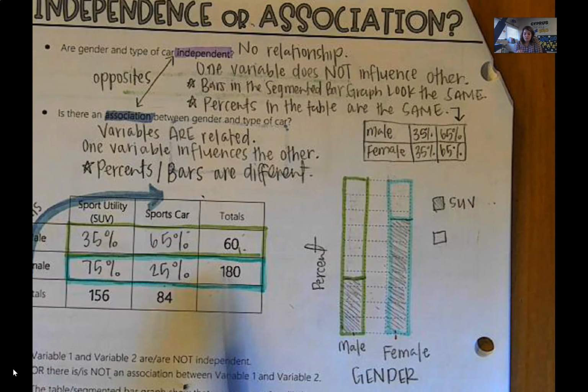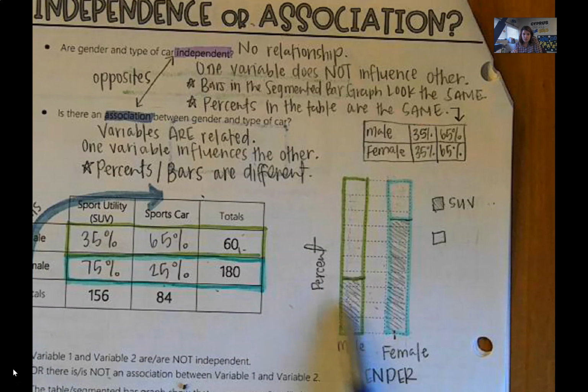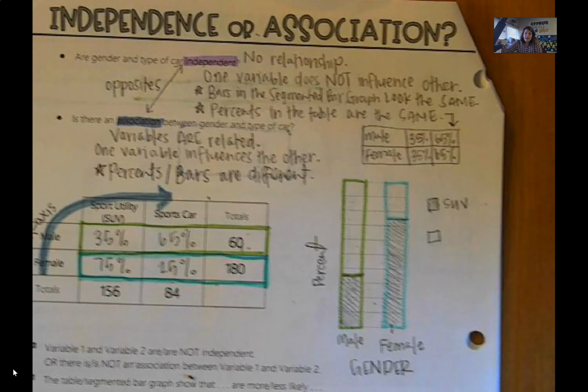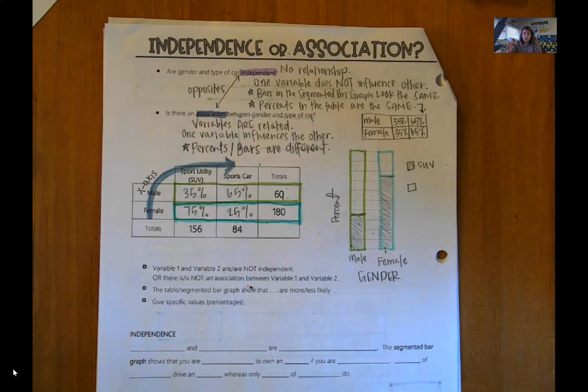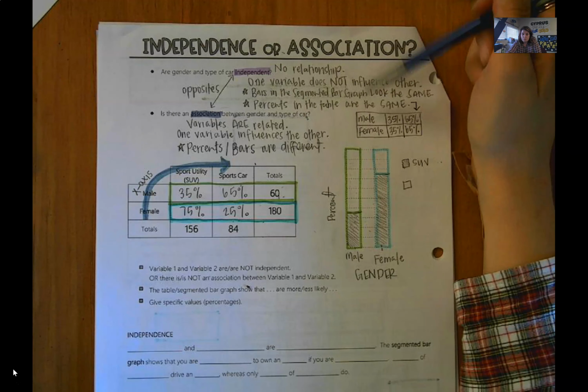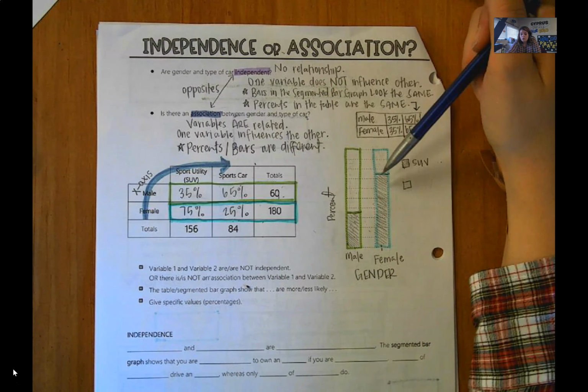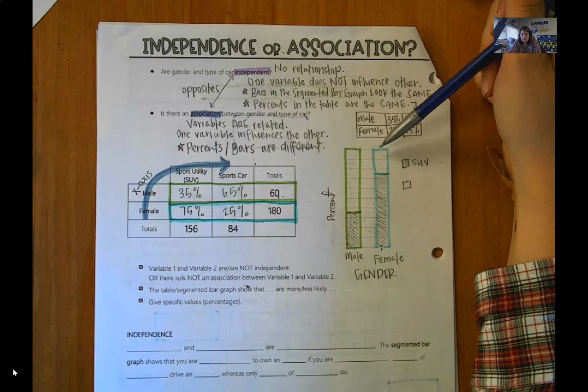If they are different, like we have in our situation here, that means that there is a relationship or that gender does influence what type of car you drive. So that is how we visually represent whether or not there is a relationship between two categorical variables. You can use a table or you can use a segmented bar graph.